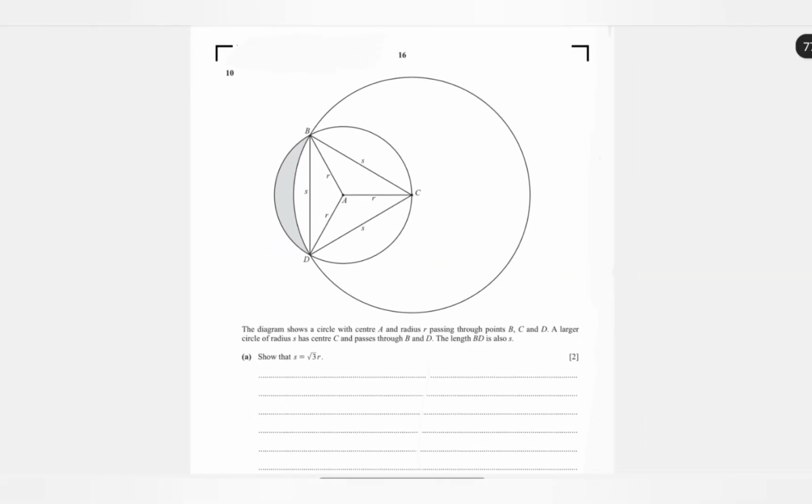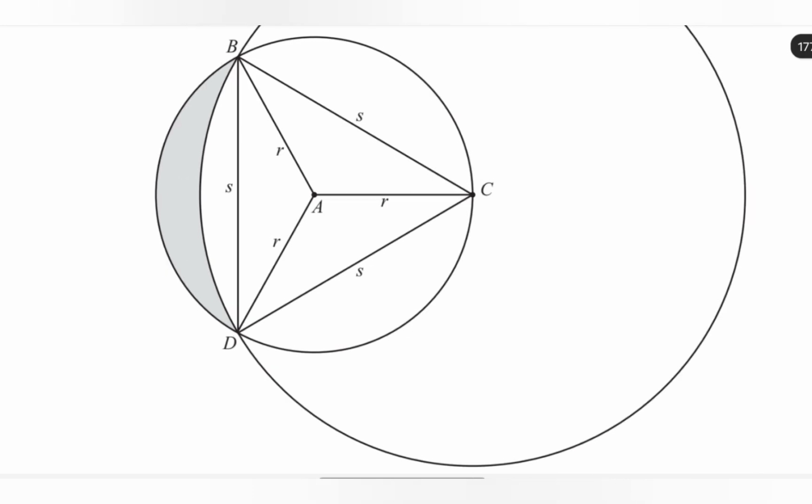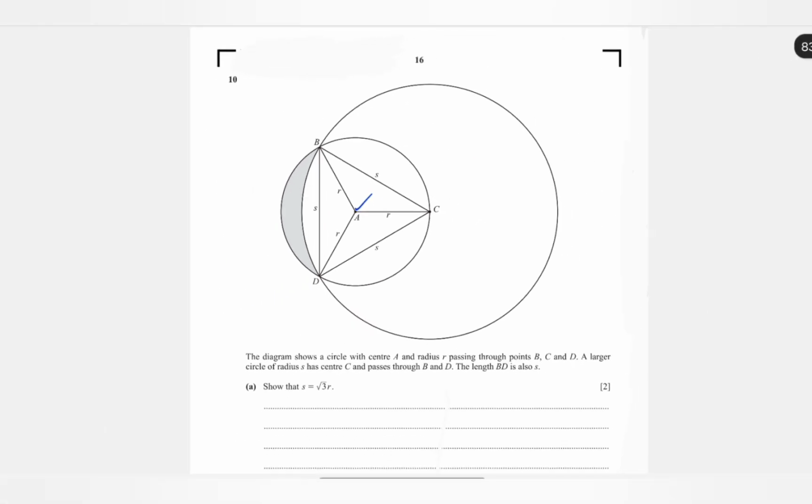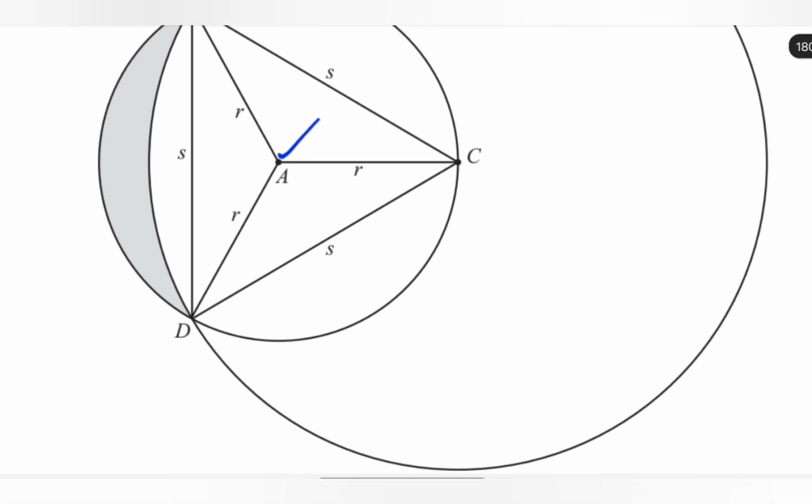10, we're given a diagram, and it says the diagram shows a circle with center A. A is right over here, and radius r.